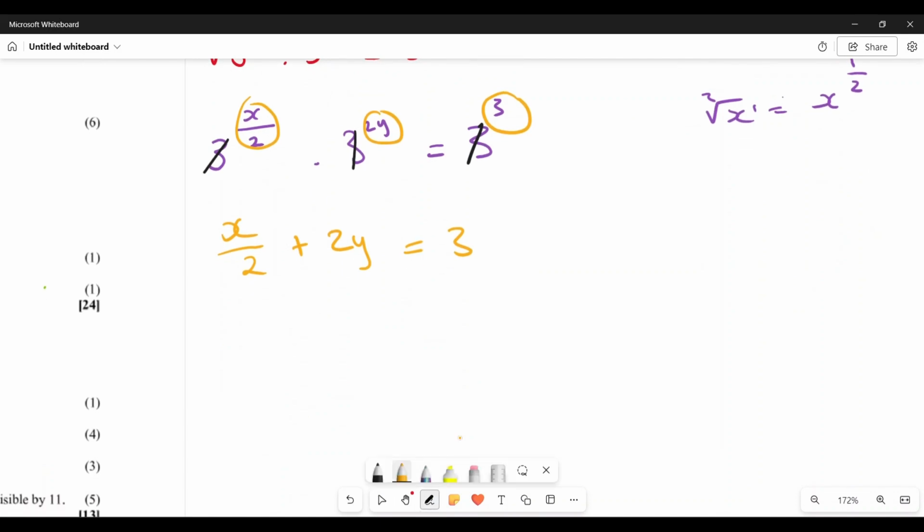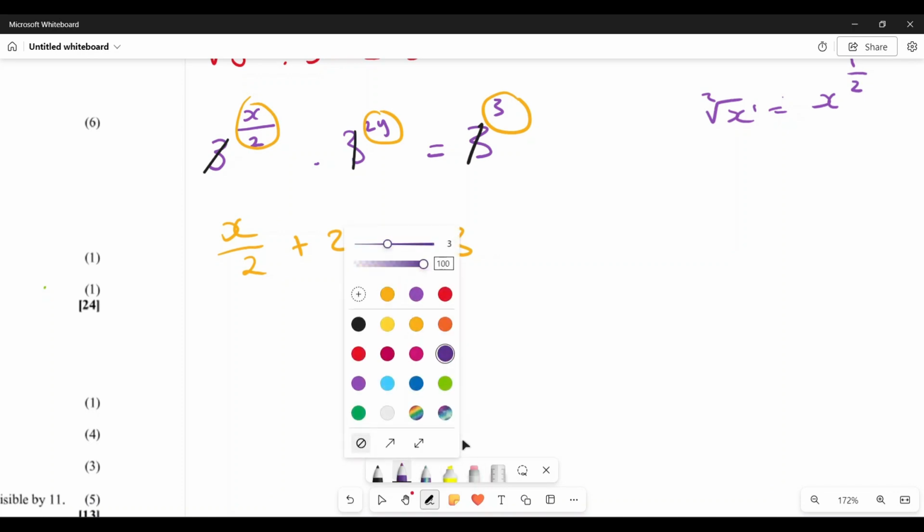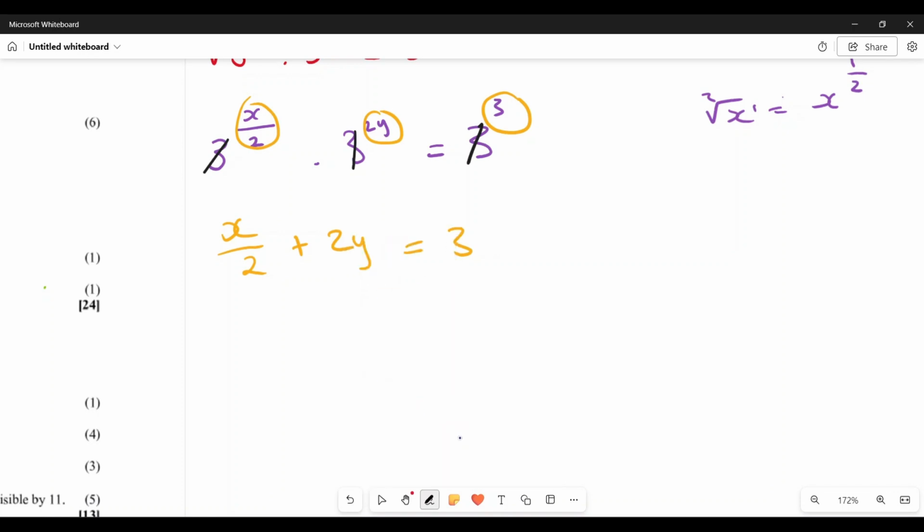The next thing I'm going to do is get rid of this denominator, which is 2. Because it's dividing, I'm going to do the opposite of dividing, which is multiplication, so I'm going to multiply this whole thing by 2. And what you do on the left, you must do on the right, so I'm also going to multiply this side by 2. This 2 cancels out with the denominator, but remember, this 2 is still distributed over the whole left side. You also multiply it with 2y.